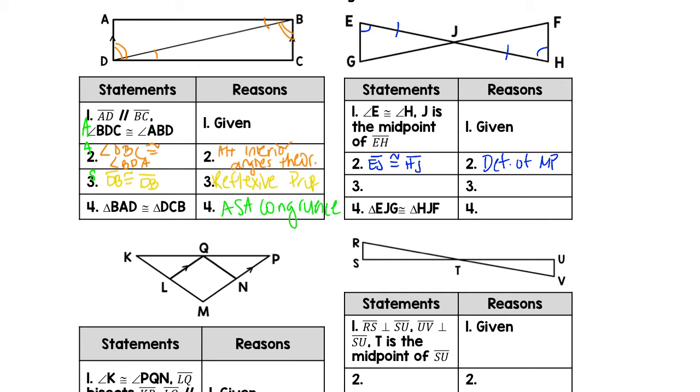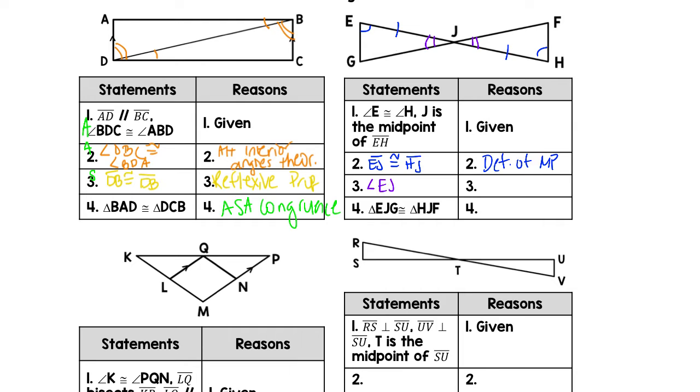Then we have number 3, we can say that angle EJG is congruent to angle HJF. Let's put that on our list here.